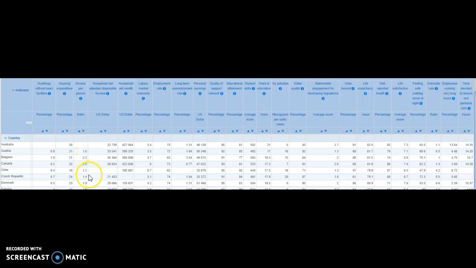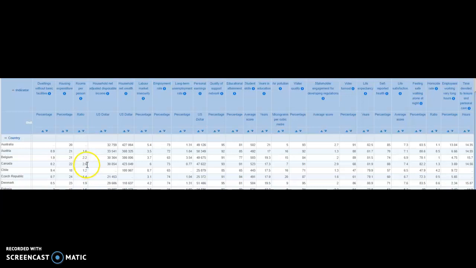So, for example, in Chile, we have 1.2 rooms per person, whereas in Belgium, we have 2.2. And this may be an indicator of space of housing, of crowding of housing, or less crowding of housing.